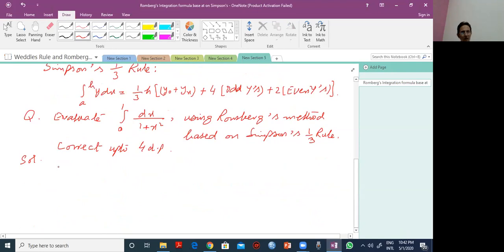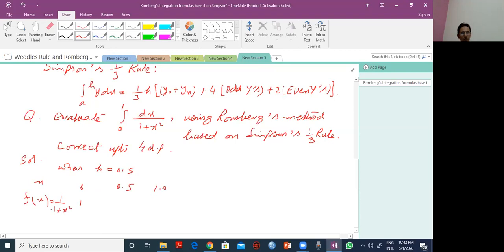Student, first we take h equal to 0.5. The values of x are 0, 0.5 and 1, where f of x is equal to 1 upon 1 plus x square.